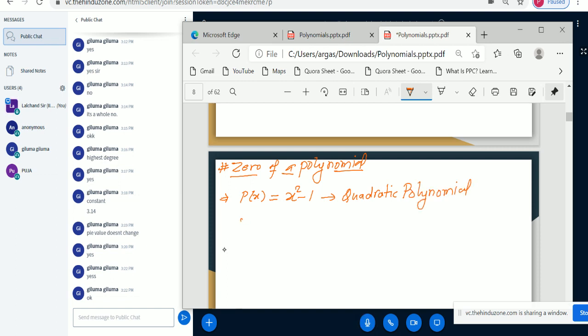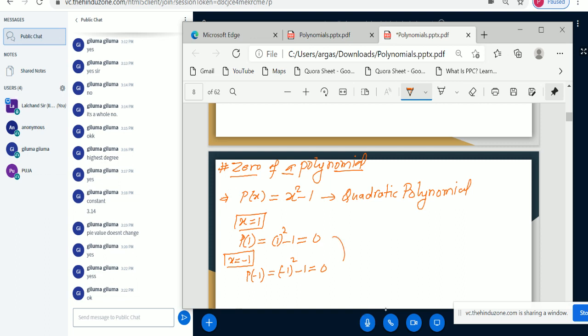If I put x equal to 1, the value p(1) is equal to 1 square minus 1, that is 0. If I put x equal to minus 1, p of minus 1 is minus 1 square minus 1, equal to 0.